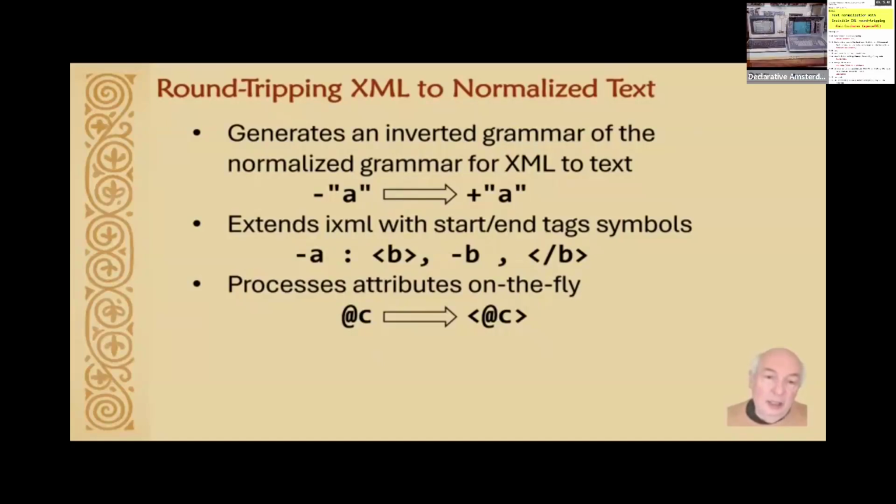Then, based on the normalized grammar, round-tripping will be possible when the normalized grammar is inverted to generate the text back.